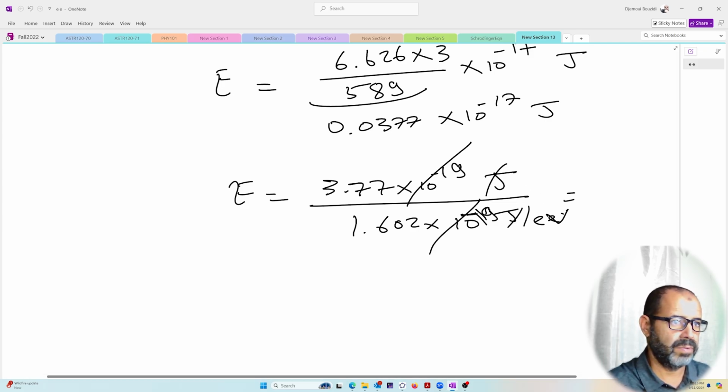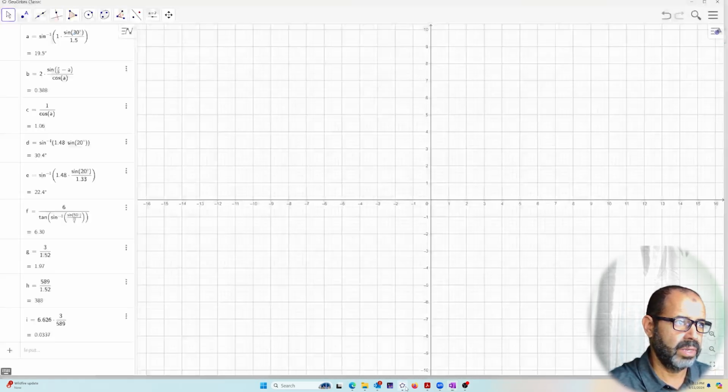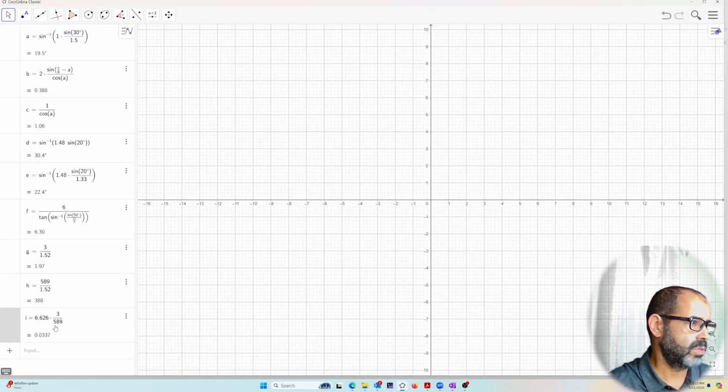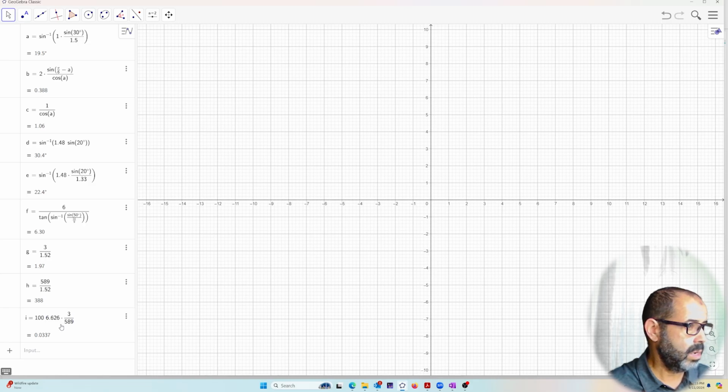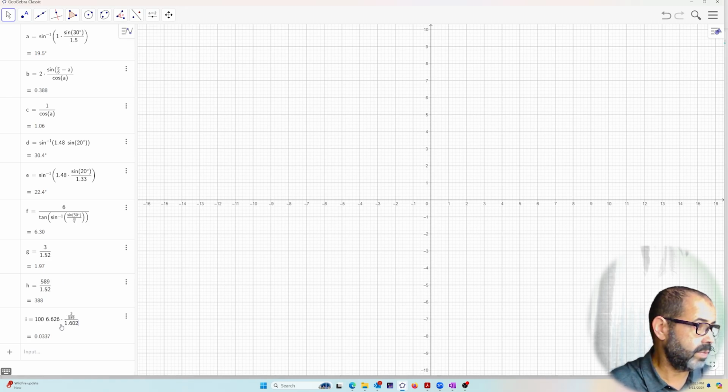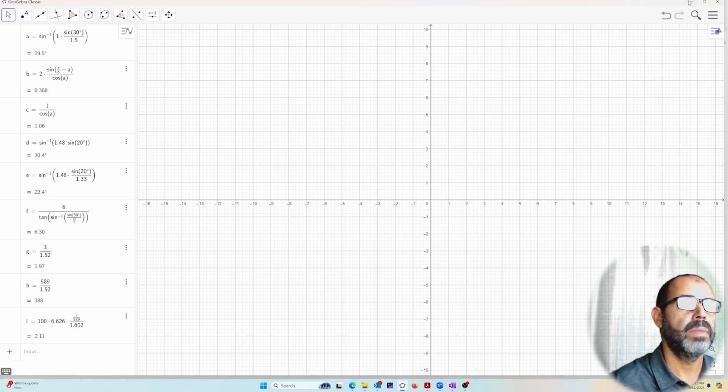So at the end, I will be left with the 3.77 divided by, so let me multiply this by 100, and divide by 1.602. That's the charge of the electron. So it's 2.11 electron volts.